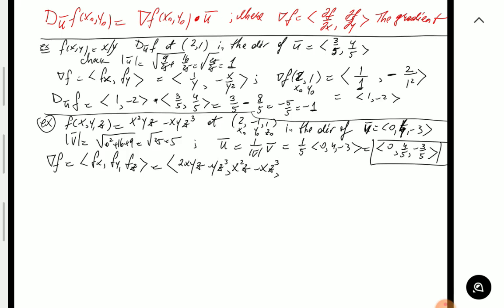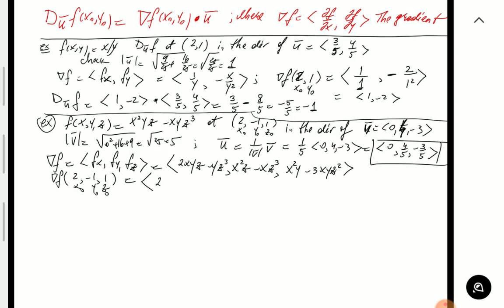Always remember to pause and do the computation on your own, slower if you want to, and then check with me. And then finally partial z is x squared y minus 3xyz squared. Especially in 3 dimensions, be careful to plug in the coordinates in the correct position. So this will be x naught, y naught, z naught.